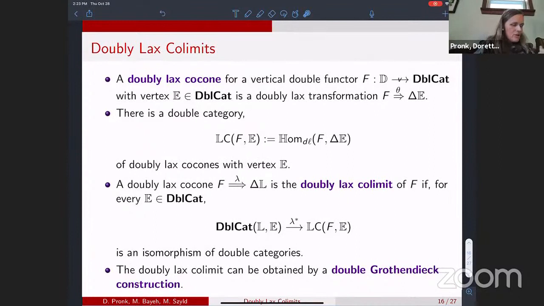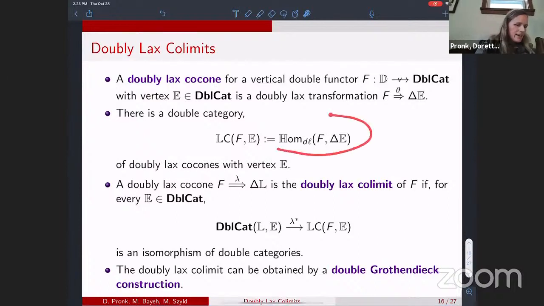What we then need is a doubly lax transformation from F to delta E, which is the constant vertical double functor with value E. Remember, we could make a double category of doubly lax transformations with all the modifications between them, because doubly lax transformations were given as double functors.